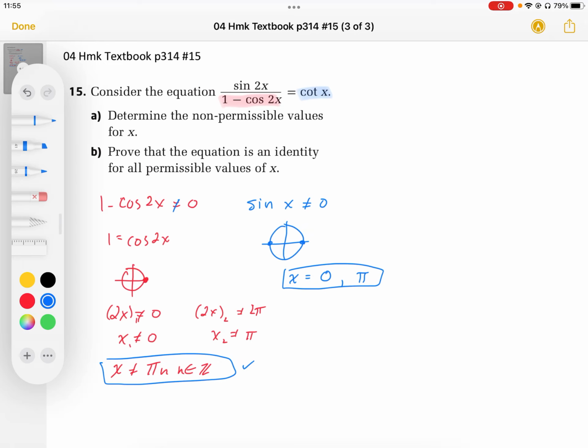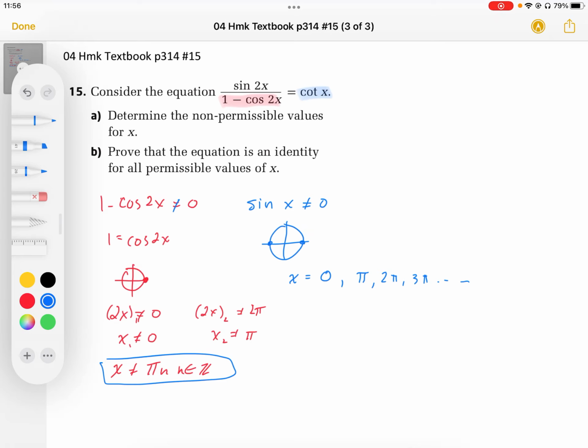And maybe I should be clear about this one: these are repetitions, so it's going to be 2 pi, 3 pi, and so on. Those are our non-permissible values.